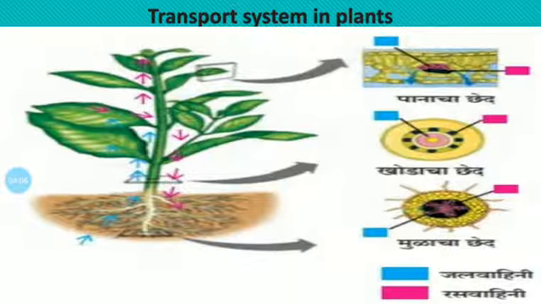Next, the phloem transports the food, glucose, from the leaves to the other parts of the plant where it is either consumed or stored. Though plants have a transport system, they do not have a separate digestive or excretory system.